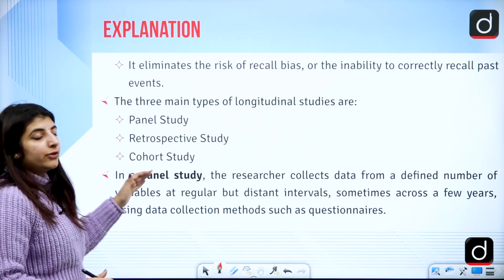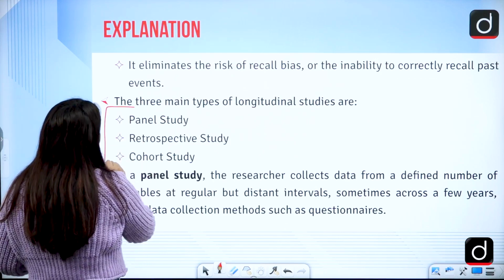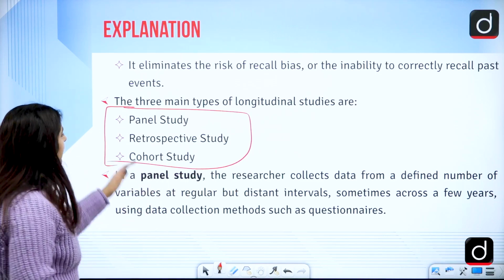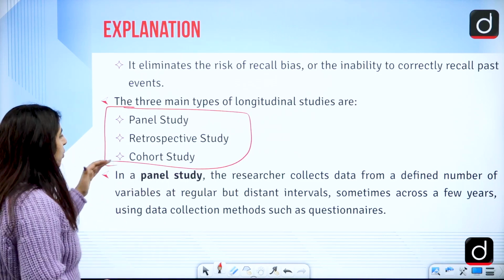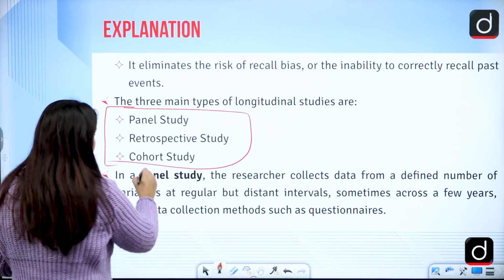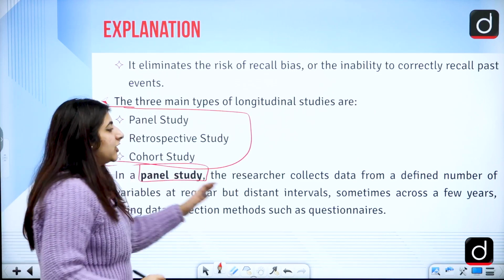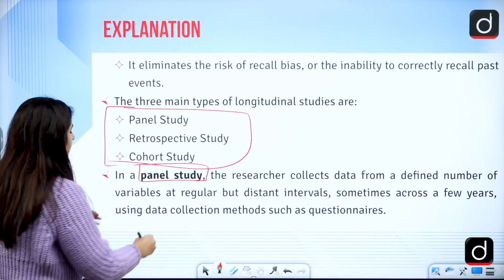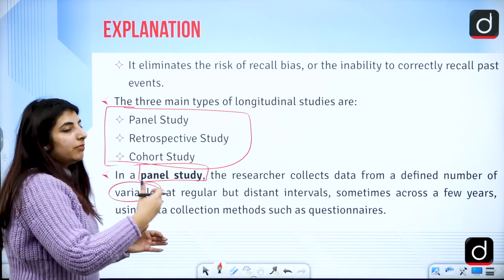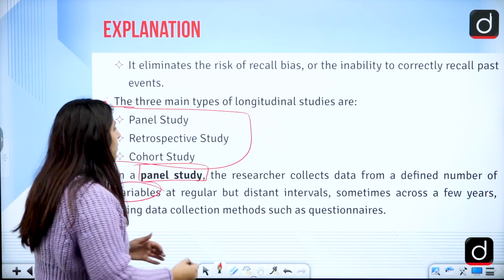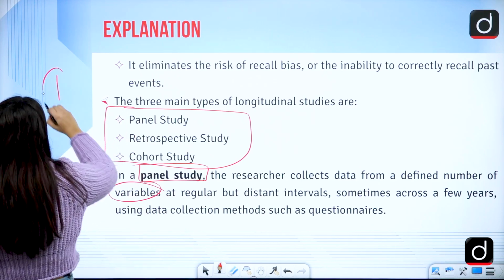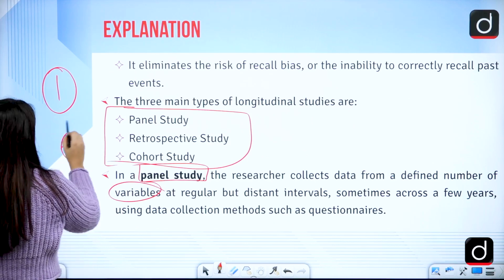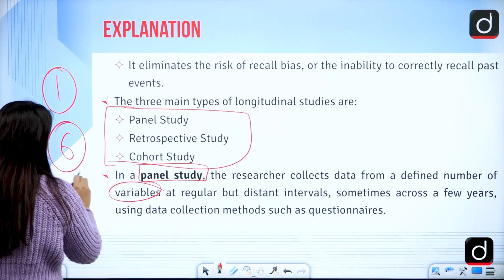We have three types of longitudinal studies: panel study, retrospective study and cohort study. In the panel study, the researcher collects data from a defined number of people at regular but distant intervals. If I collect data in January, then I collect data in the 6th month, and then in the 12th.